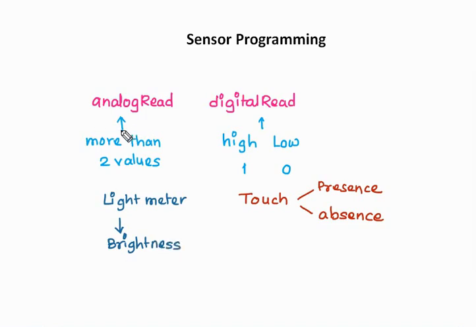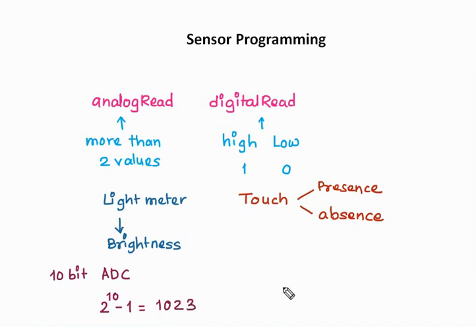When we use analog sensors, we make use of analog pins. And in this case, the ADC or analog to digital converter is used to convert this input into a numeric value. In Arduino Uno, the ADC is 10-bit, and hence the maximum value we can read from this ADC is 2 raised to 10 minus 1, which is equal to 1023.